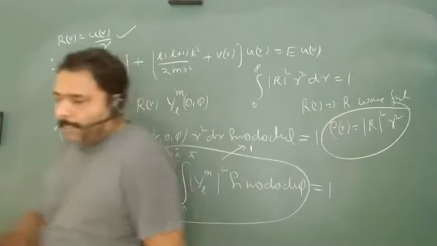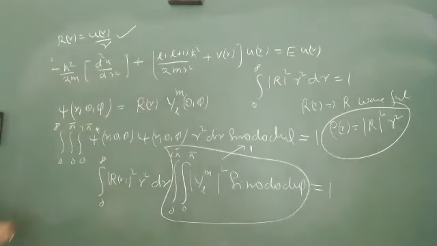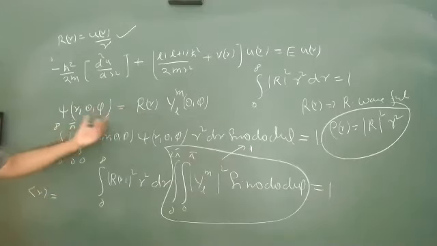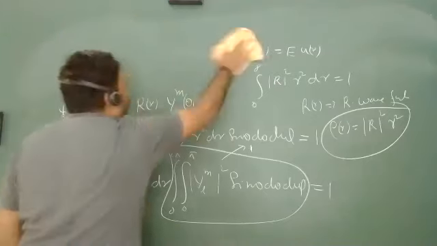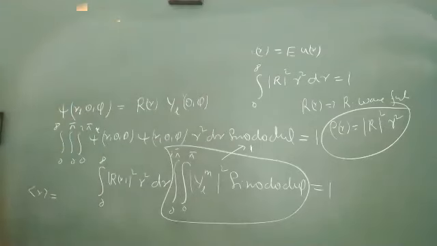For example, if I want to calculate the expectation value of r, is only the radial wave function enough, or the total wave function, or can both be used? Both can be used. So please always keep this in mind, because I am very concerned about conceptual blunders in your exam.